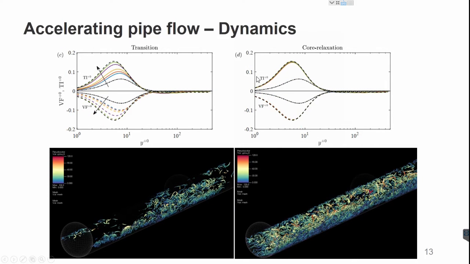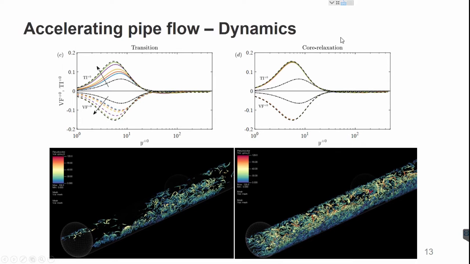Now, during the transitional stage, what we have is a balanced growth between the turbulent and the viscous forces. A characteristic of this stage is that we will see hairpin forests, which is also another transitional structure that we usually see also in developing boundary layers.